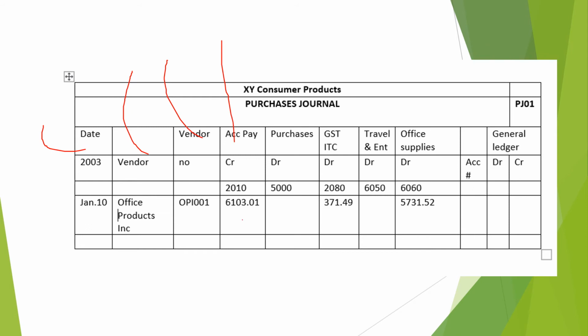Accounts payable is the total invoice amount. That's the amount you put as accounts payable.